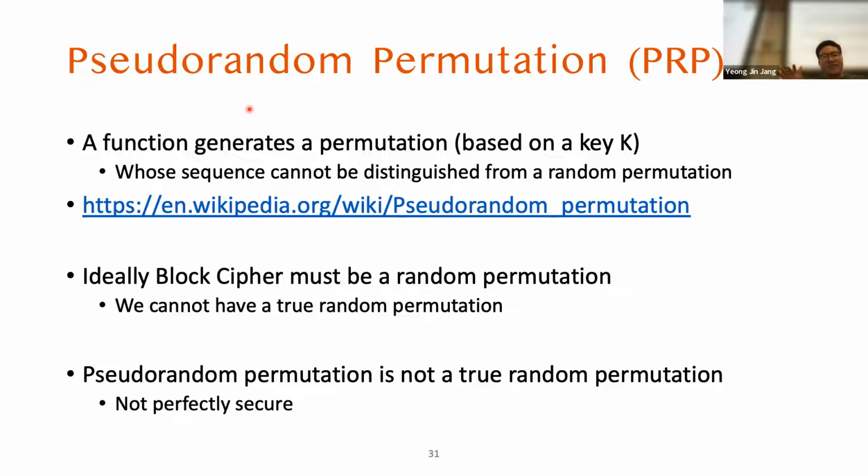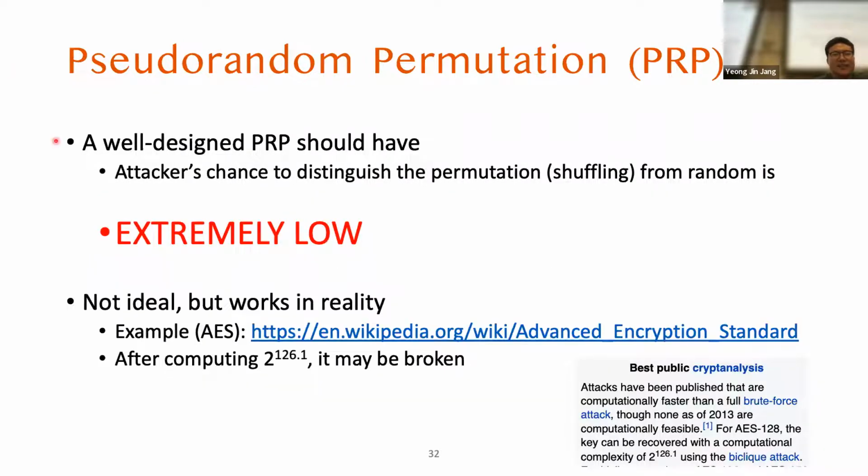It's engineered randomness. By using that pseudo-random property, cryptographers define the pseudo-random permutation. A well-designed one should make the attacker's chance to distinguish it from a true random permutation extremely low.